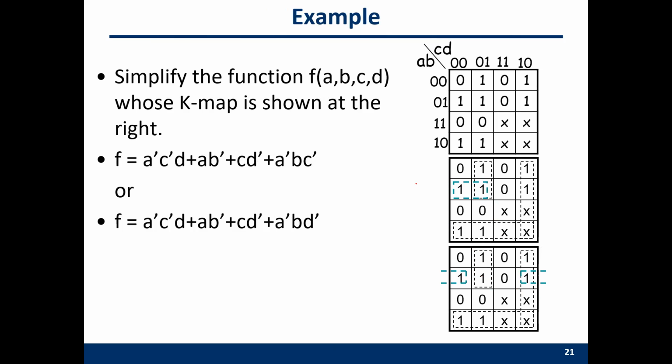And no matter whether we have this group or this group, they should be the same, because both groups are two-box groups. So the result can be this, like this, or this.